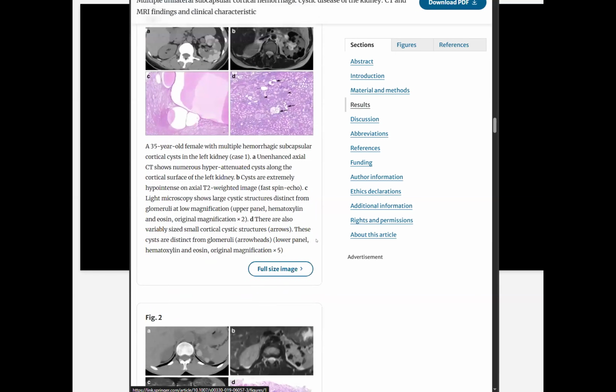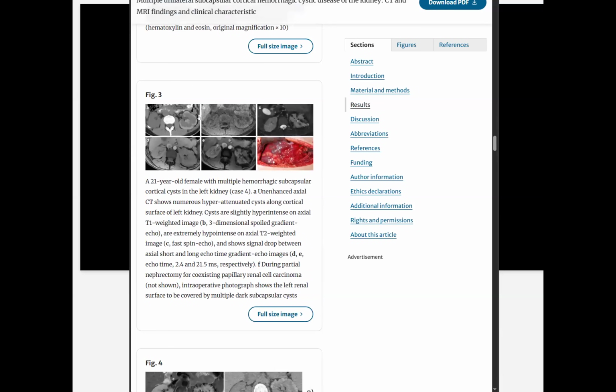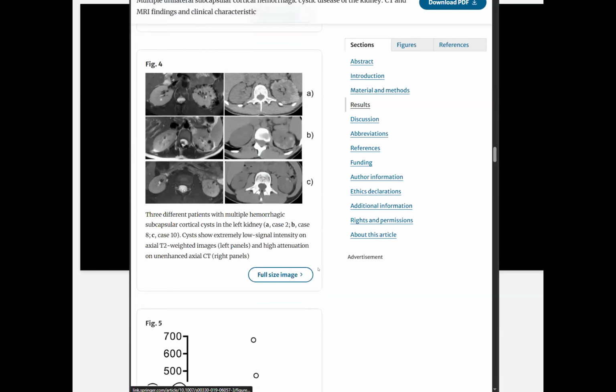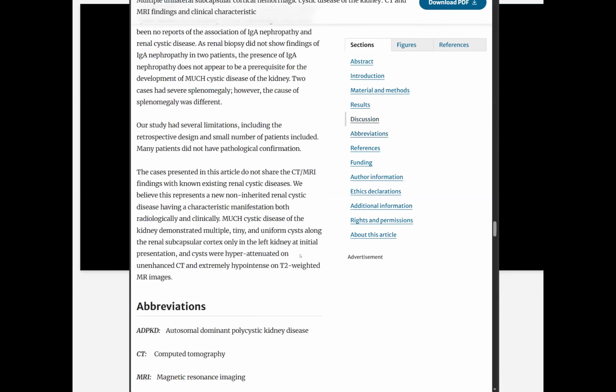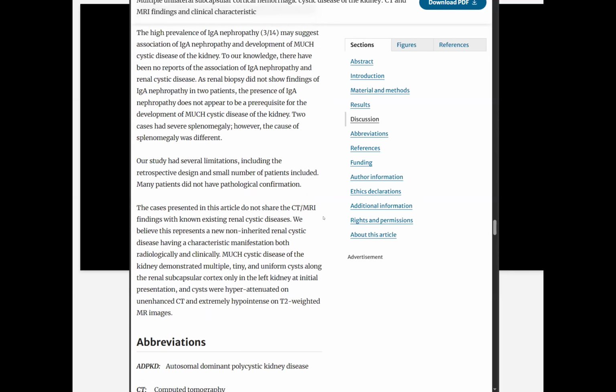In their series also, I think every patient had it just on the left side. Let's see what their conclusion is. Yeah, just very descriptive, no other conclusion.